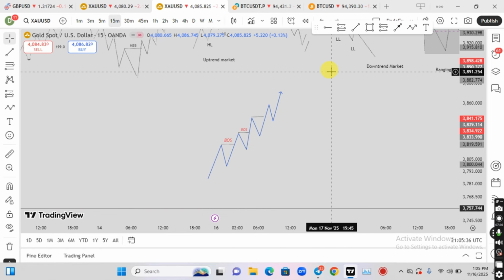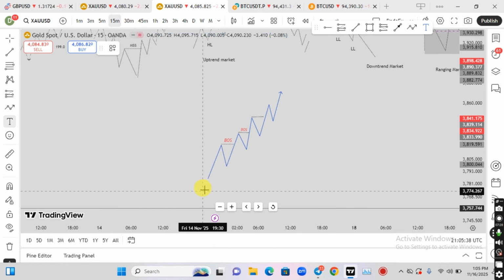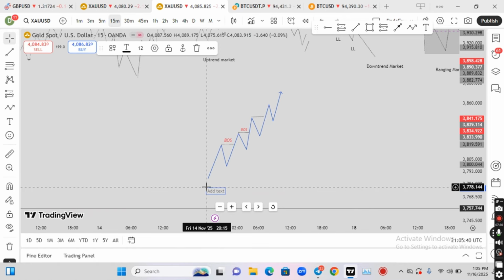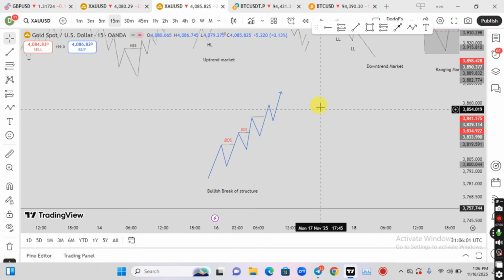This is for the bullish break of structure. Let me show you the bearish break of structure.